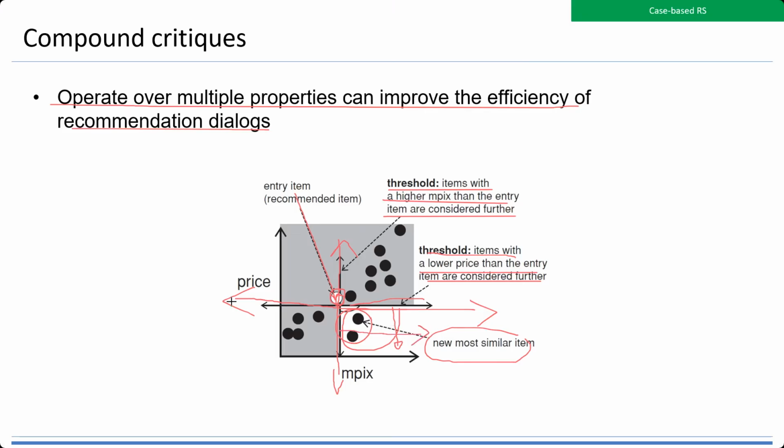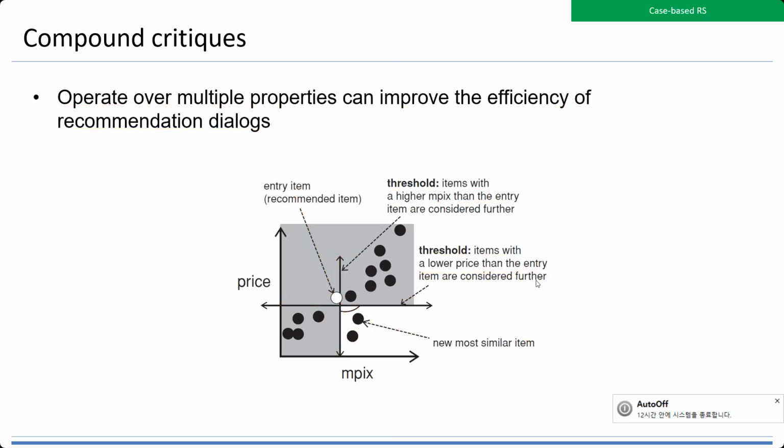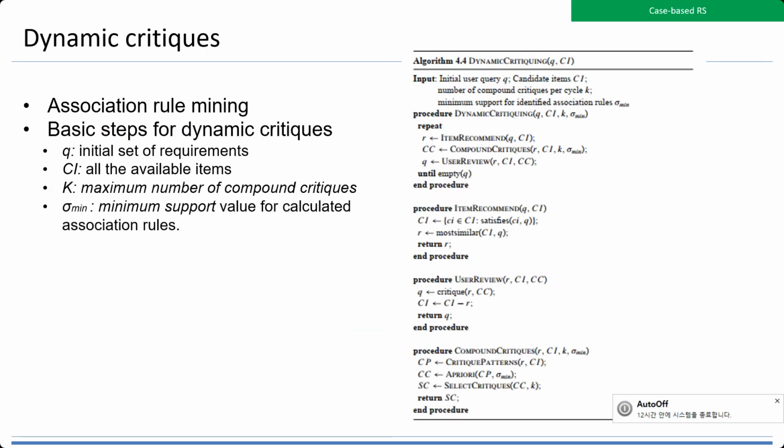So because these are compound critics, we can have dynamic critics. For dynamic critics, we can use a kind of method like association rule. So the association rule is the algorithm for the dynamic critic. The basic step for the dynamic critics is we need to set the query. The query means the initial set of requirements.